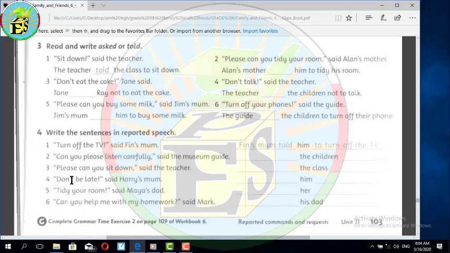Number 4. Don't be late, said Harry's mom. Is this a command or a request? Very good. Command.